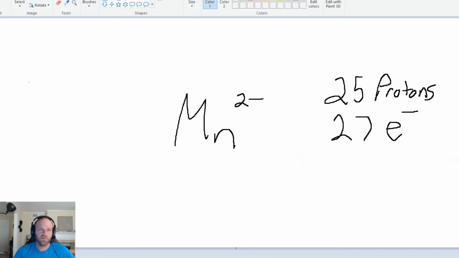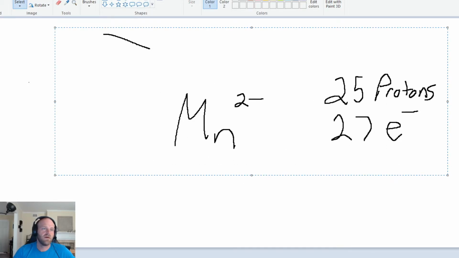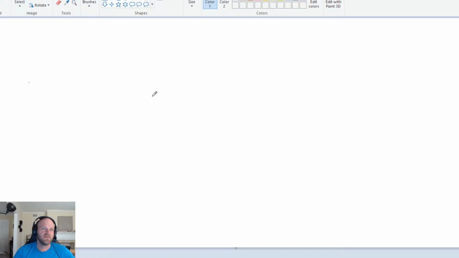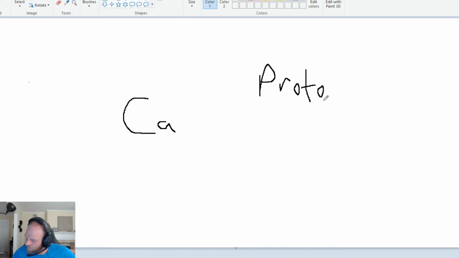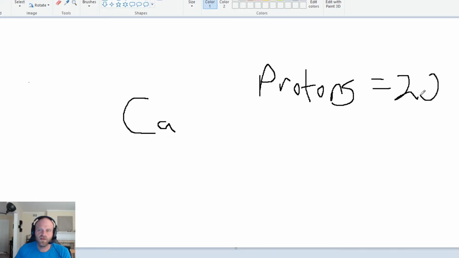Let's do calcium. Protons equals 20, right? My mass is 40.